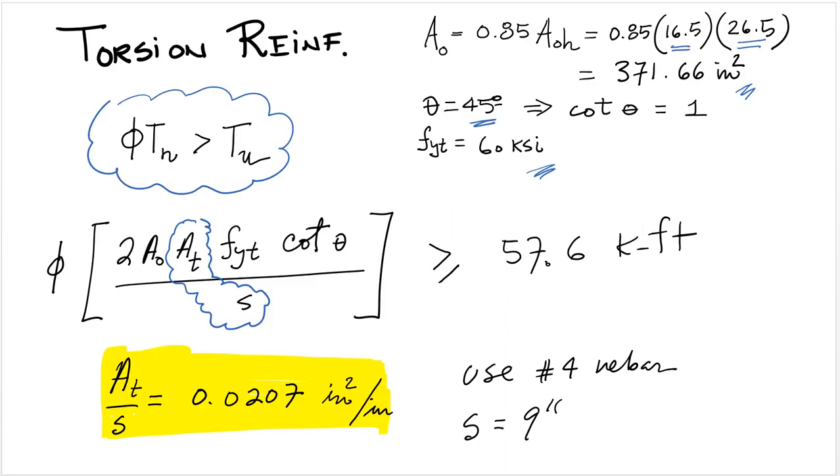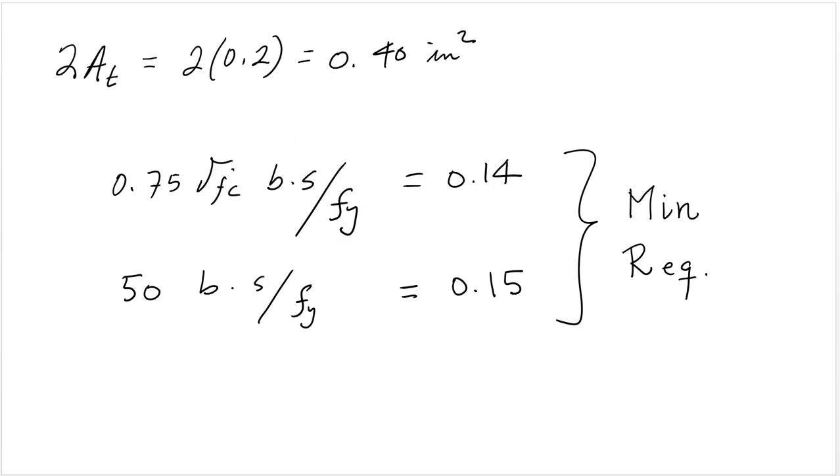And we said that we had number 4 at 9. So that's 2 times 0.2. That gives us a value of 0.4 inches square. And that is significantly larger than the minimum requirement. So we are okay with transverse reinforcement. That will cover torsion and shear.